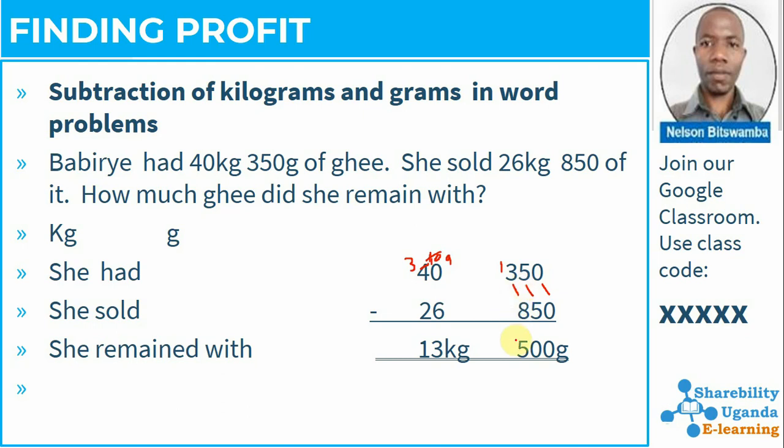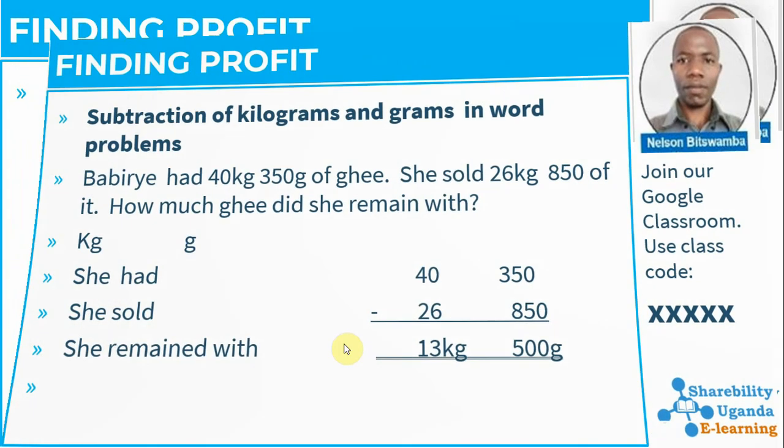Okay, we shall be remaining with 5. Then here we have a 9 minus 6. We shall get a 3. Then a 3 minus 2. We shall get 1. Roughly, this is how we can come up with the right answer in solving subtraction of kilograms and grams.